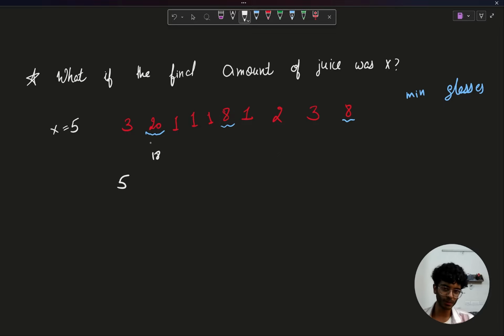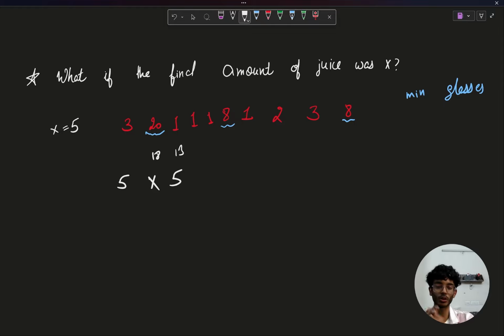And this had to be removed. Why? Because 20 is bigger than this 5, right? So I have 18 amount of juice, nothing is there over here, and I can still add it to some of my glasses. Now this is 1 unit of juice. So can I make it 5? Obviously I can, right? So this became 5 and I'm left with 13 more units of juice.